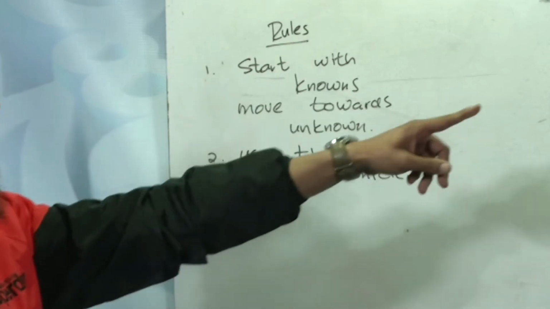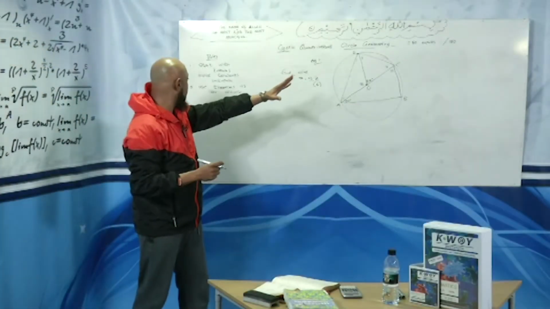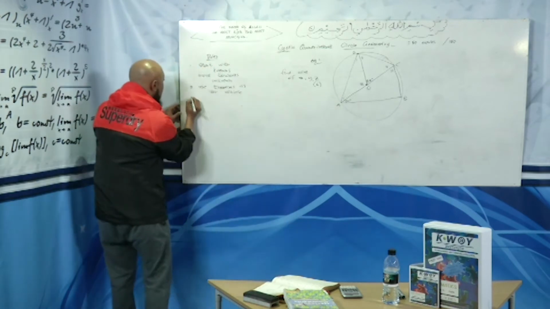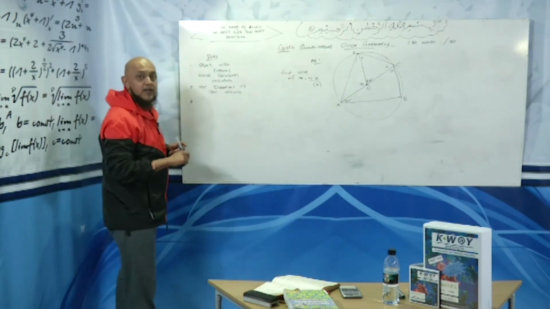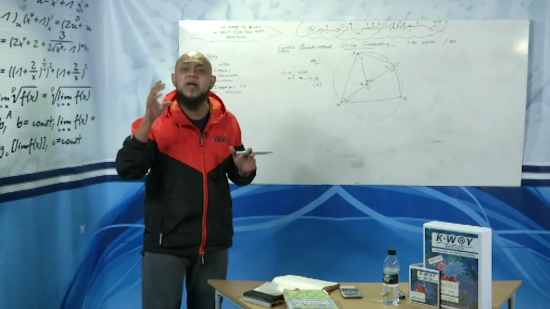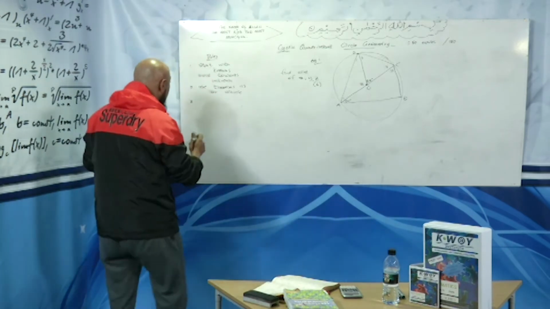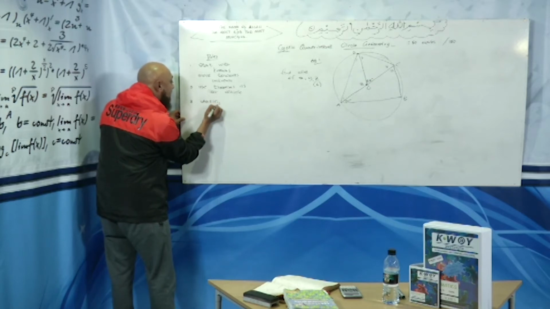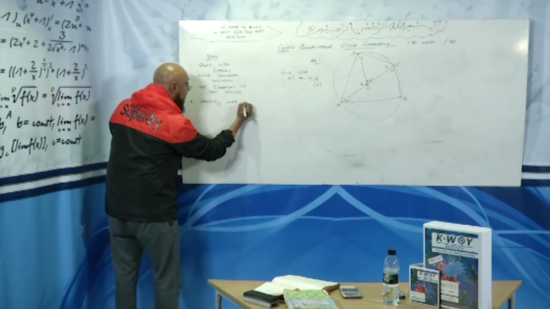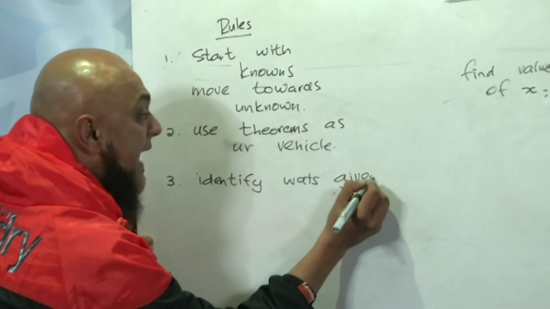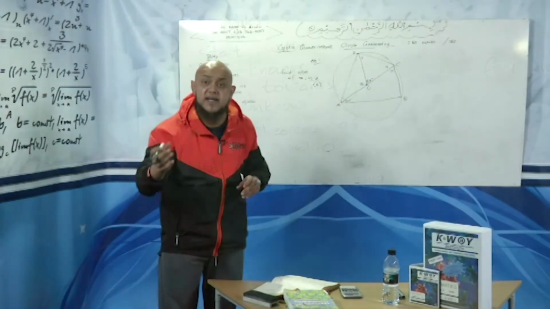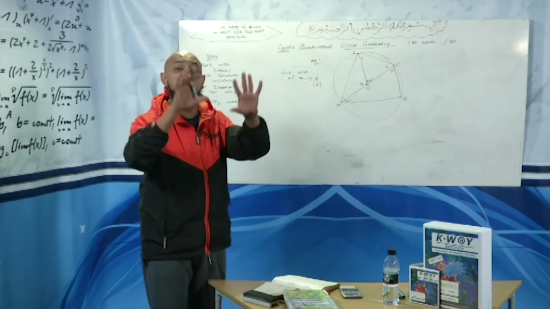So we start with the knowns, moving towards the unknowns. We use our theorems as a vehicle. Step number 3, we identify what's given. So let's put there, we identify what's given. So we identify the theorems even before we begin with our problem, because we will have a map.